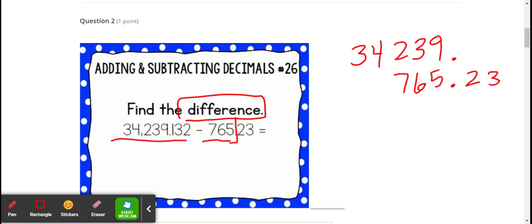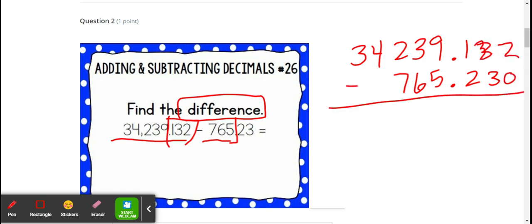I have 23 cents on the right, and then this one has 132 thousandths. I should have organized those a little more carefully. That's supposed to be a 3 there.